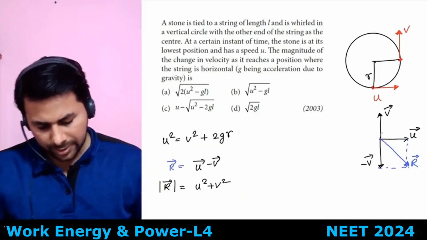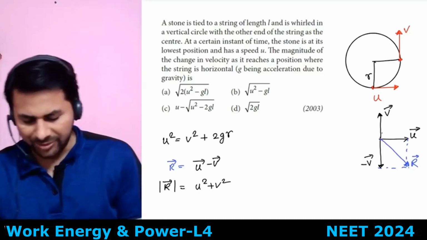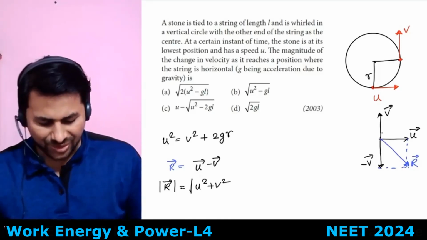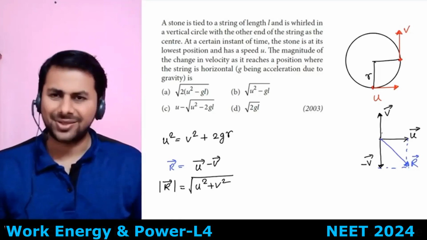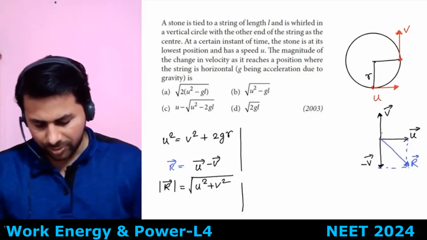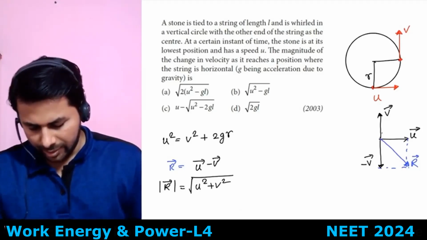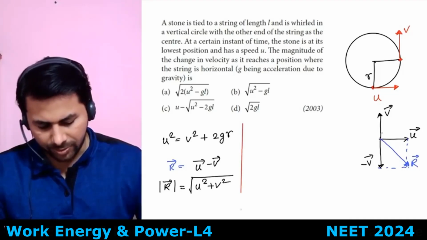Sorry, it will be the square root of that, not u square plus v square, the square root of that. And all the options are in terms of u or gL, that means we have to substitute for v.